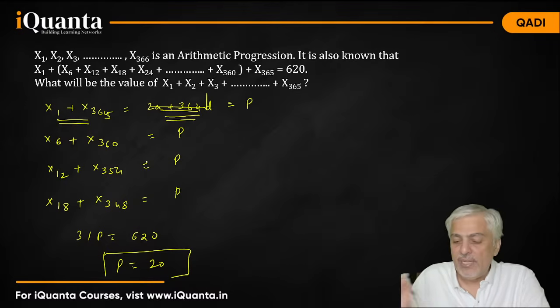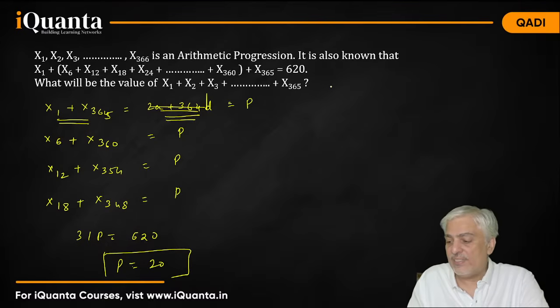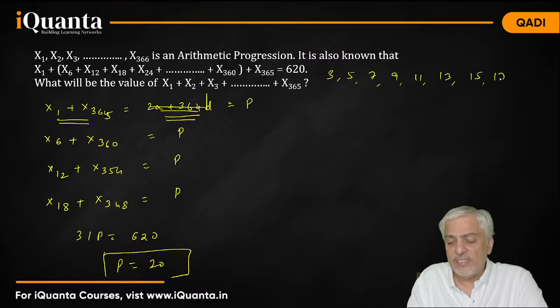In an AP, understand this, let me explain. Let's write any AP, say 10-12 terms: 3, 5, 7, 9, 11, 13, 15, 17, 19, 21. Just random, I don't know how many terms. Let's write one more, 23.